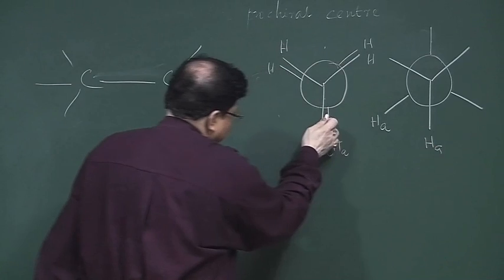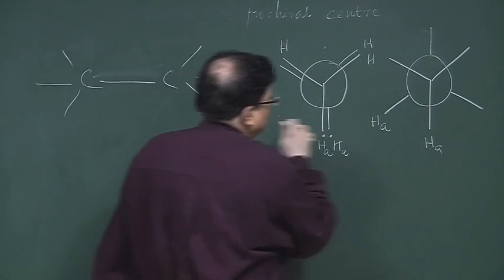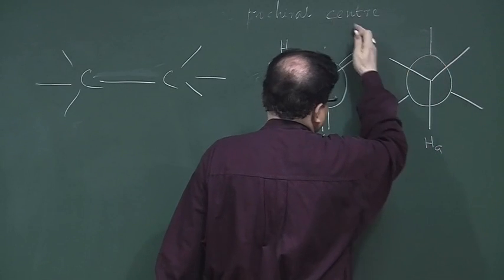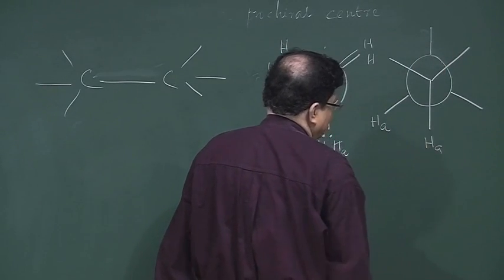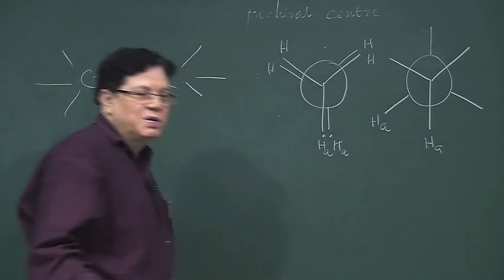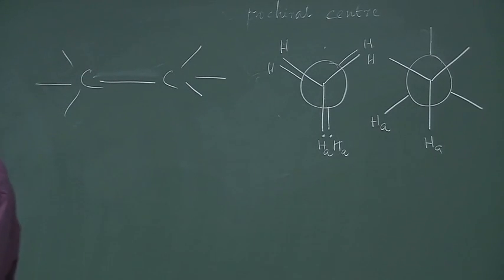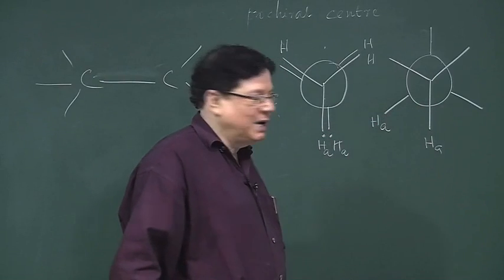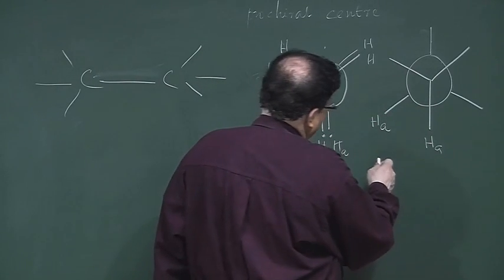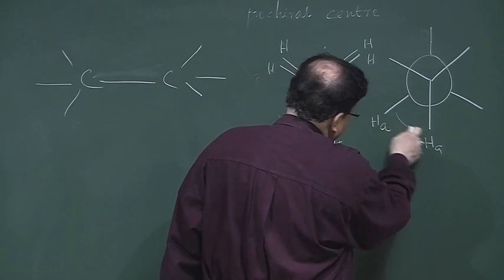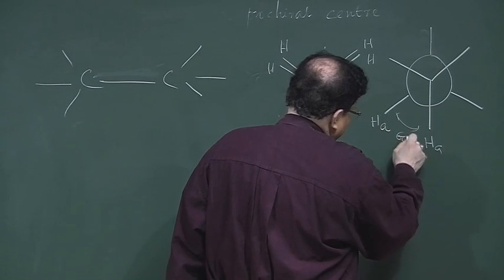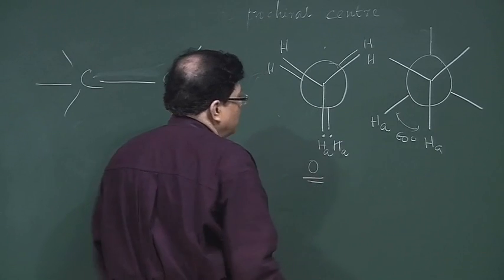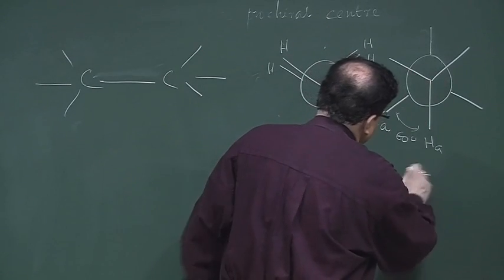So, you have rotated this one and brought it here, and that means you are rotating the other ones also. Okay. So, these are the two extreme conformations that you get. In between there are different types of dihedral angles. Here the dihedral angle is 60 degrees in this conformation, here it is 0. Okay. Now, this form is actually called the staggered form.